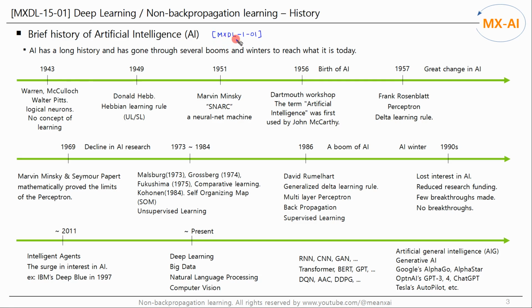In the first video of the Deep Learning course, we looked at a brief history of artificial neural networks as follows. So far, we have looked at deep learning models based on the perceptron and backpropagation algorithm proposed by Frank Rosenblatt and David Rumelhart.